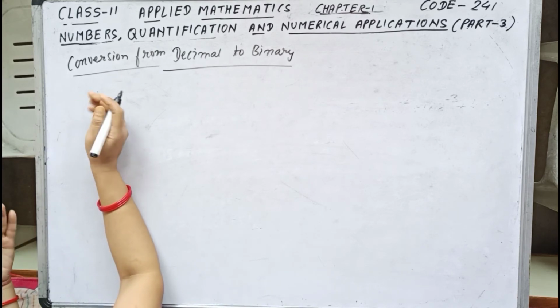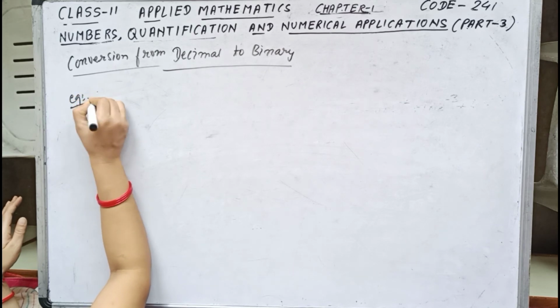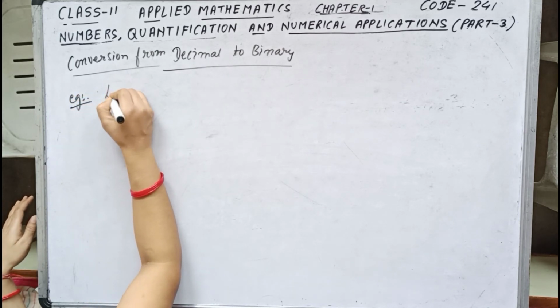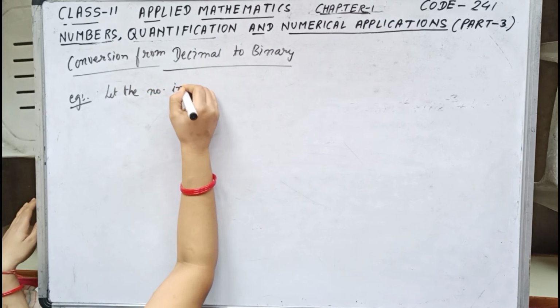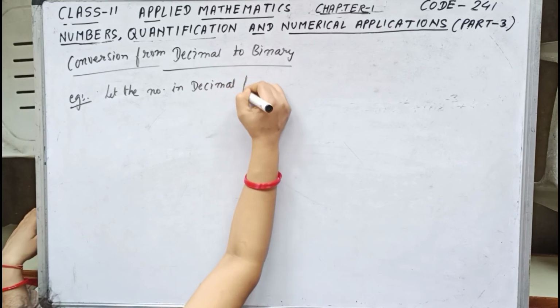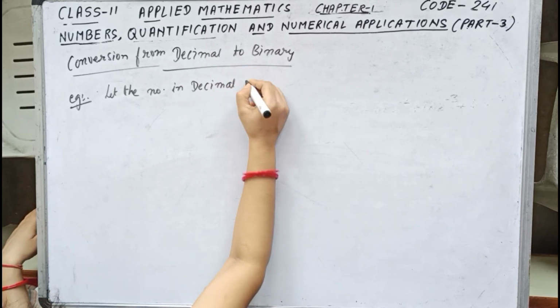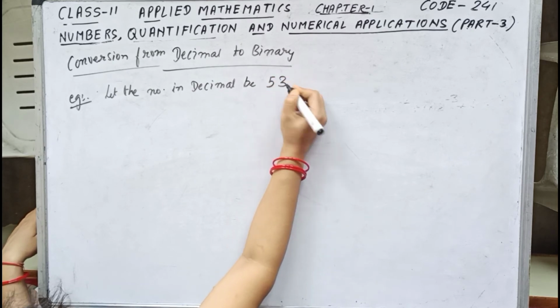In this what we do is go on dividing by 2. Okay, so let us understand with the help of an example. For example, let the number in decimal form be any number, suppose 53 we are supposing.